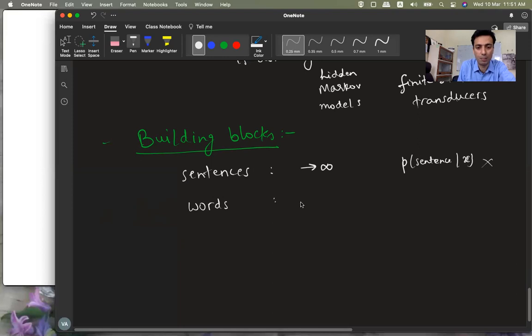How many words are possible in English language or any language? Millions. Yeah, millions. It could also be infinite, but nobody uses infinite words, right? Our dictionary is finite.